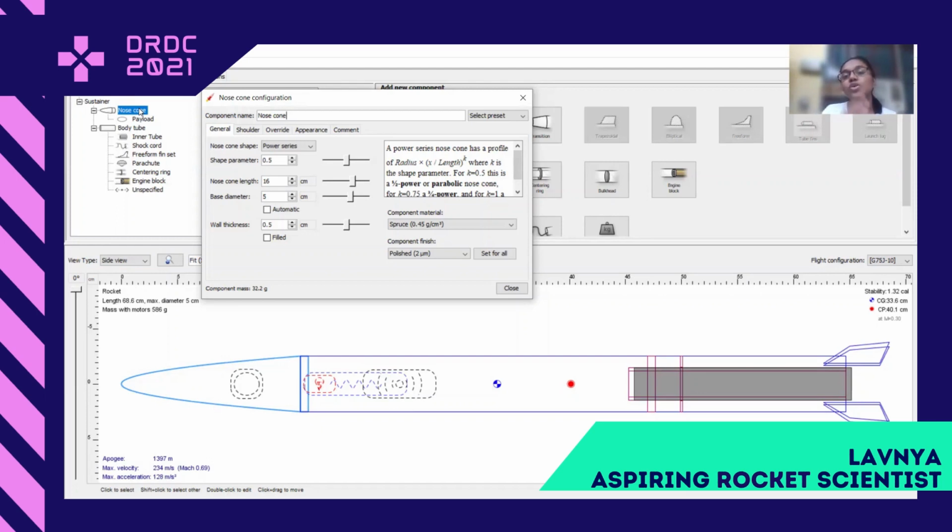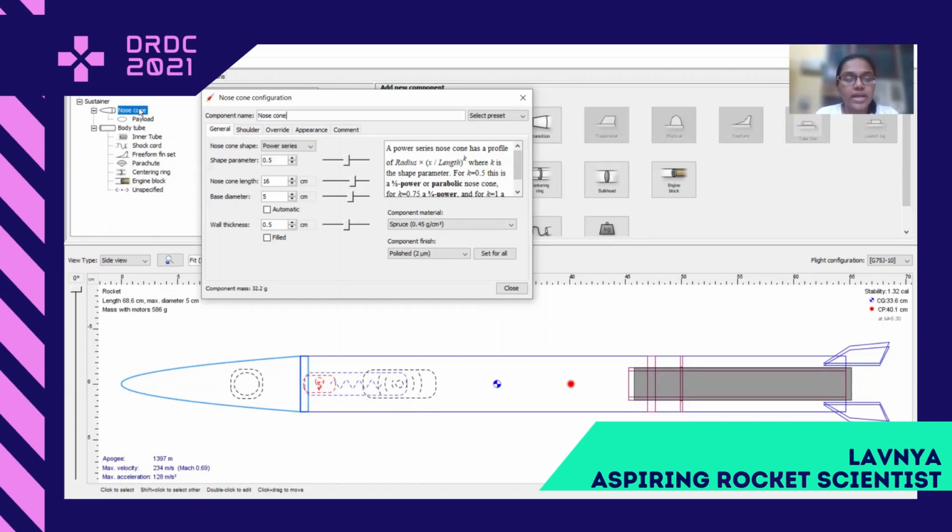The power series also has a parabolic component, because it contains the parabolic shape, but it is totally based on the shape parameter. So the power series is totally different from parabolic, but it has its main shape with the blunt tip, etc.